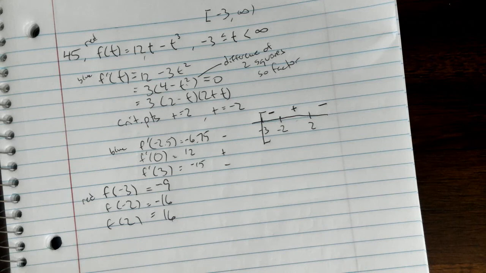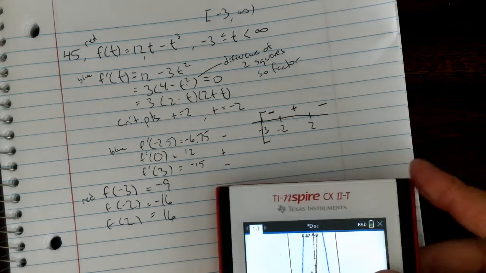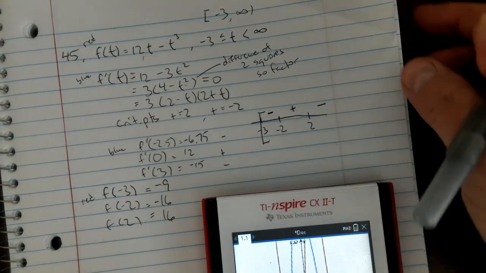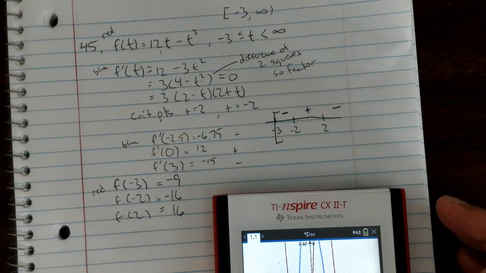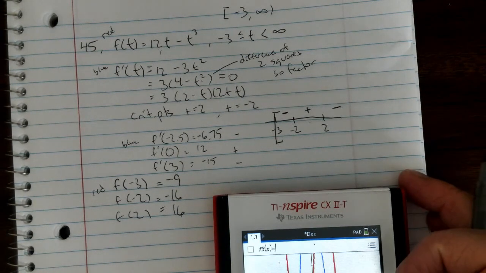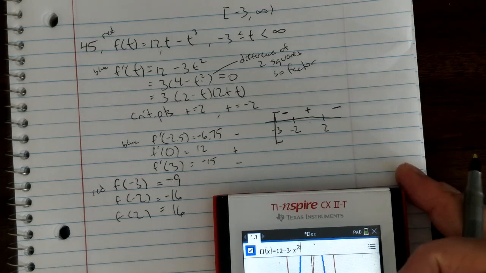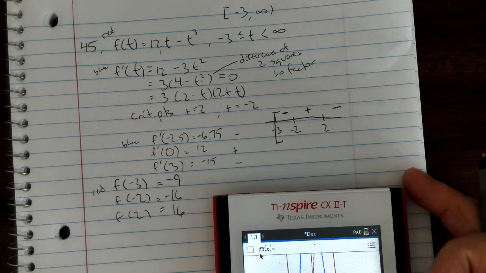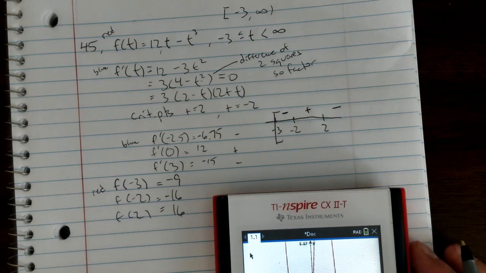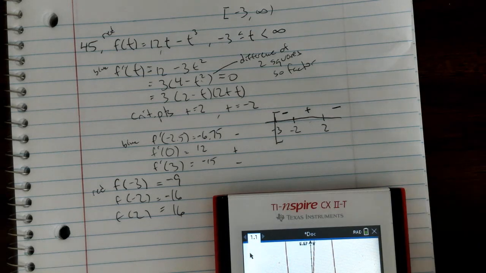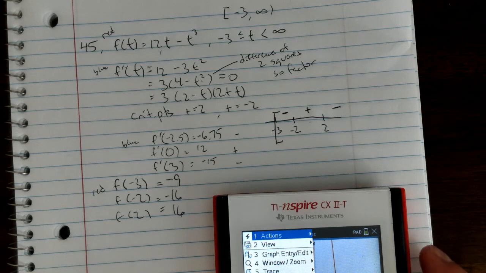And then what we do is we see which one is a minimum and which one's a maximum. So now we can probably get rid of the derivative graph. Let's change our window.